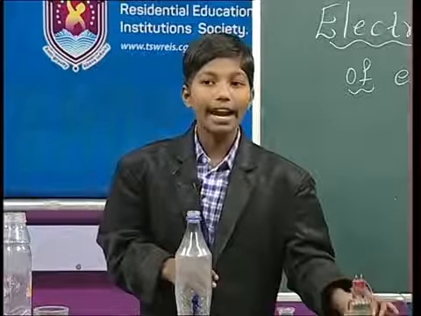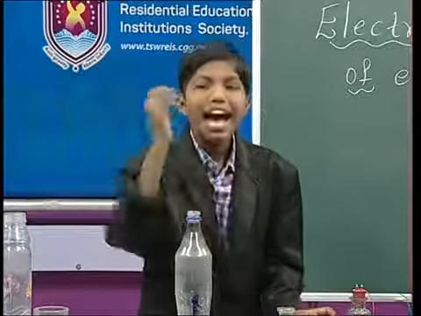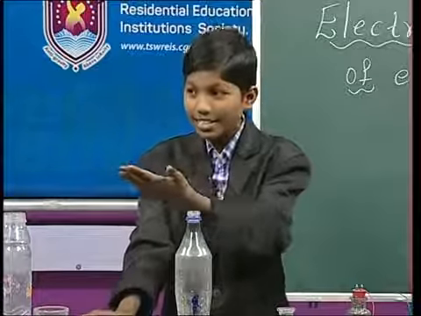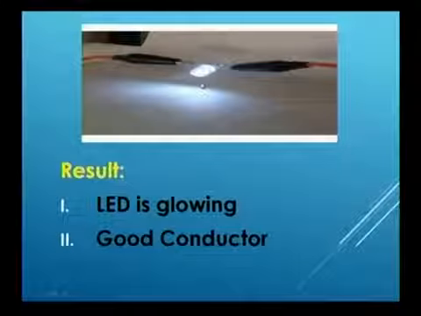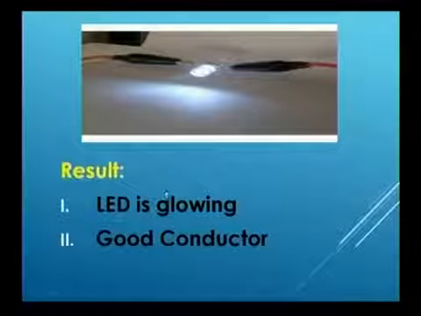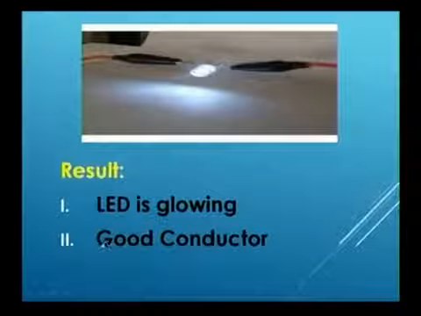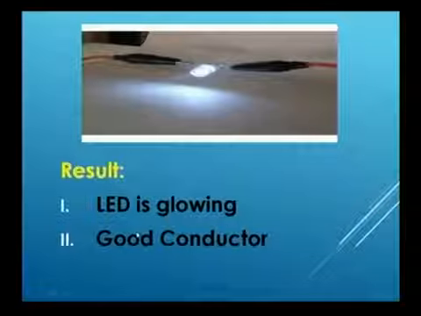Here, when we add copper sulfate to a bottle filled with distilled water, the LED bulb glows and we say it is a good conductor. In this picture we observe that the LED bulb glows, and the second result is that it is a good conductor of electricity.